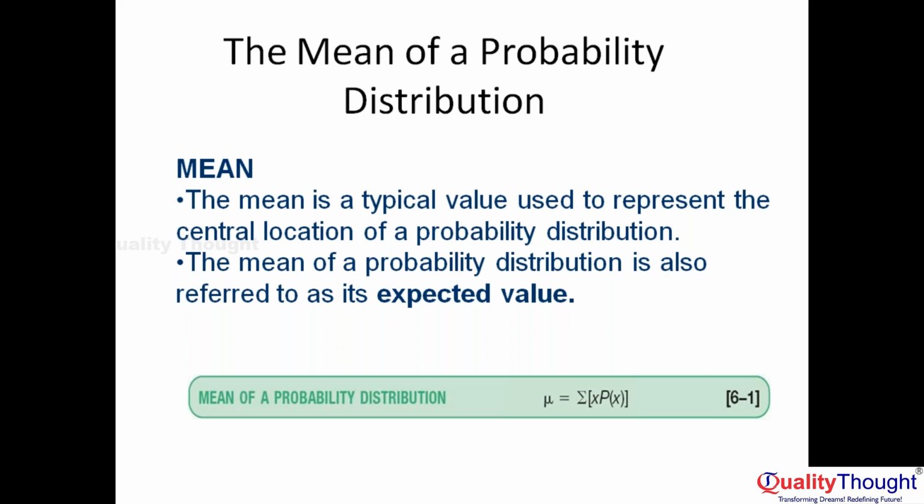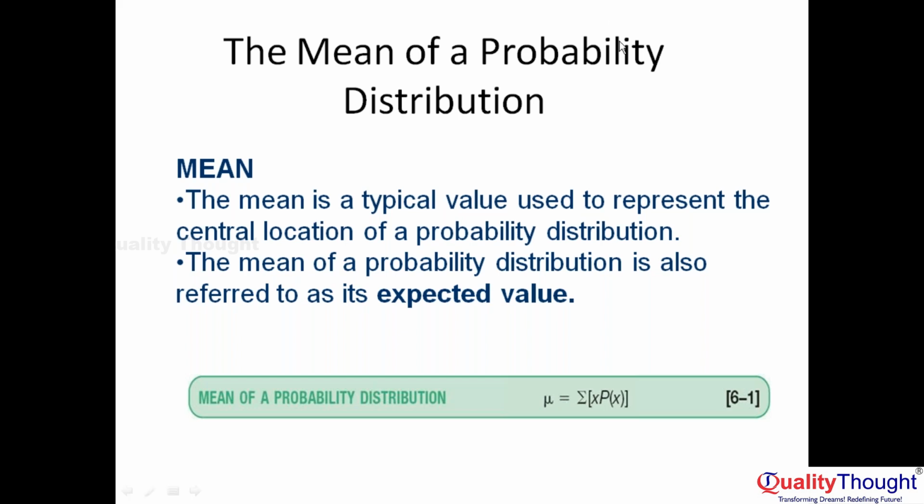Mean is equal to the sum of the x values times the probability of getting those values. Got it? So this will represent the central location of the probability distribution.